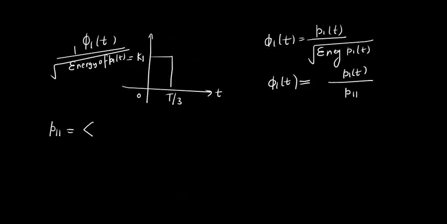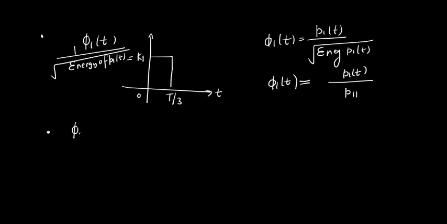If you remember, I told you that we will write P1T as P11 phi 1T plus P12 phi 2T and so on, right? So you can see that P1T is P11 phi 1T. So you can also write the square root of the energy of P1T as P11. I am just trying to simplify more so that it is easier for you all. What next?